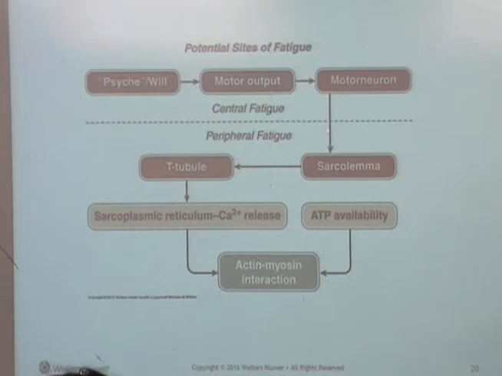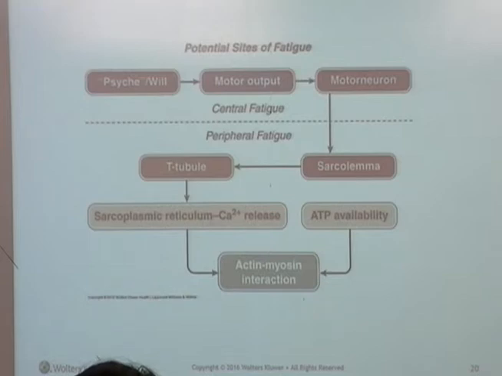So is the fatigue occurring at the neuromuscular junction? Is it occurring as the action potential moves across the muscle fiber and down the T-tubule? Is it occurring at the sarcoplasmic reticulum? What if our calcium levels are low? Is it occurring at the actin-myosin interaction? What's happening at the cross-bridge formation?